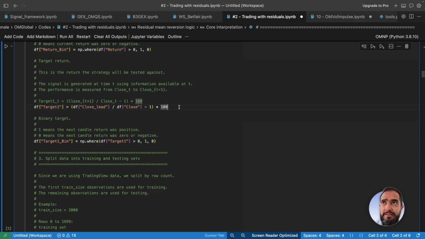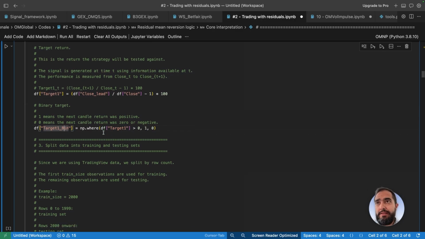But of course, the Python code can be further optimized. We are not speaking of high frequency trading or anything else, so you don't really need to worry about performance in this case. You must understand the idea, so you then will be independent to build your own strategies. Target and target binary are set.